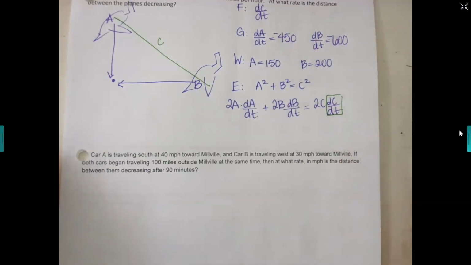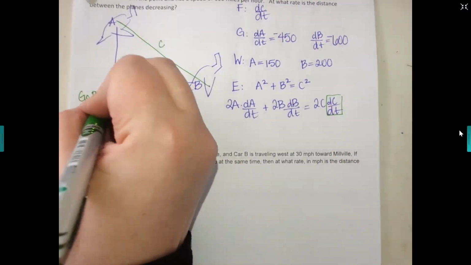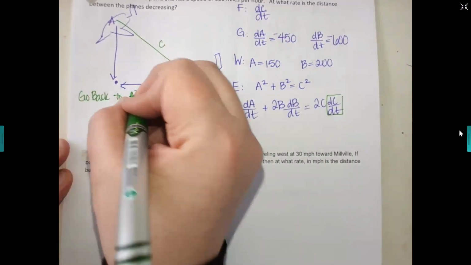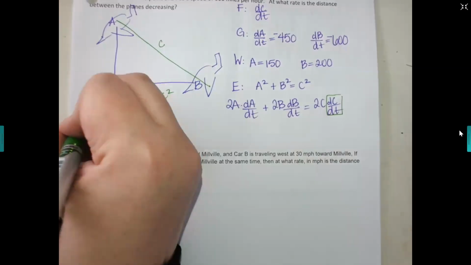I don't know C, but I want you to think about, if I know A and B, can I go back and find the C that goes with that? Using the same Pythagorean theorem equation from before I took the derivative. So you're going to need to go back to A squared plus B squared equals C squared to find the C value.